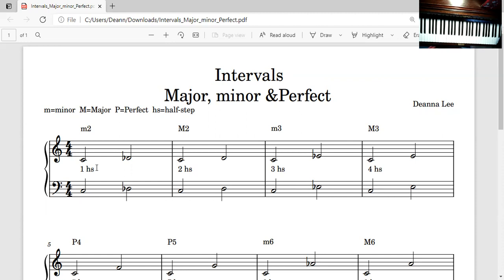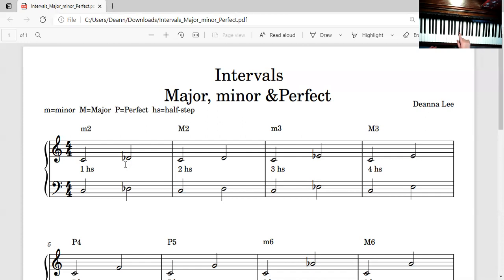So this first example here, this is C to D flat. Now that's a second, but it's also a half step. It's not like a typical plain old C to plain old D. So since the distance between C and D flat is a half step, we call this a minor second.